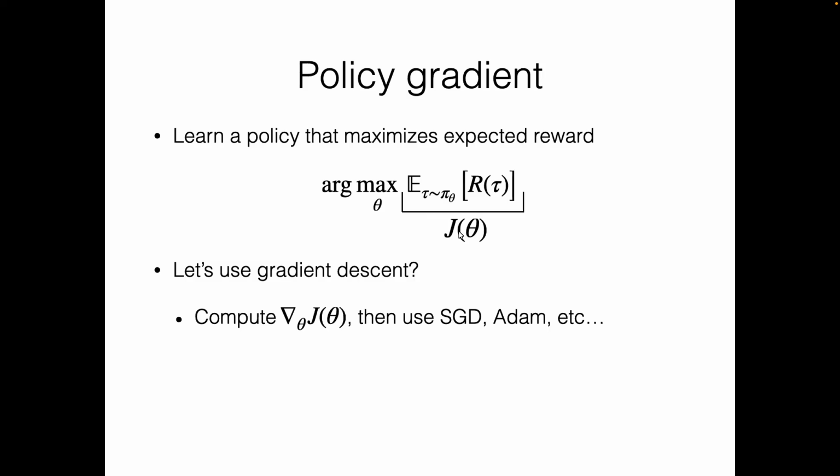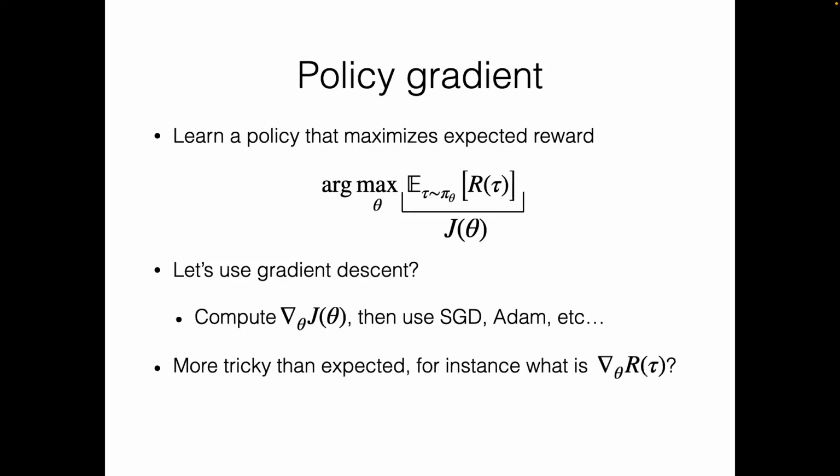Can you just say, here's the reinforcement learning objective, let's just do gradient descent on it? Well, it turns out to be a bit tricky. For instance, let's say that our reward is whether you win an Atari game or not. Then it's not clear how to take the derivative of winning an Atari game with respect to the parameters of a network. So in general, sometimes we have these non-differentiable rewards.